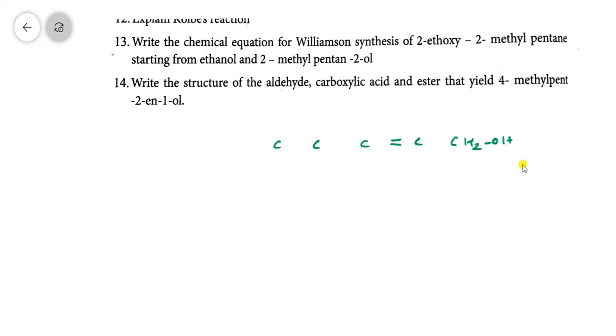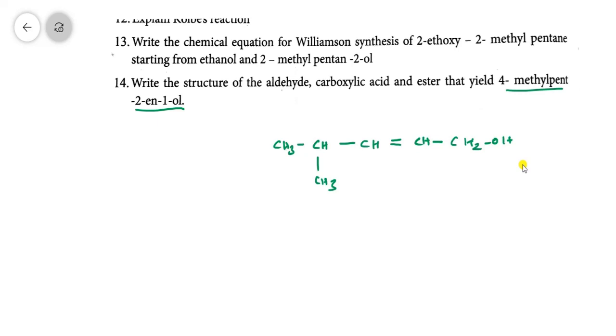So it is CH2OH. To fill, here it is CH. And at the fourth position, the methyl group is present. So it is CH3. It will be CH, and here it will be CH. So this is the structure of 4-methyl pent-2-en-1-ol.